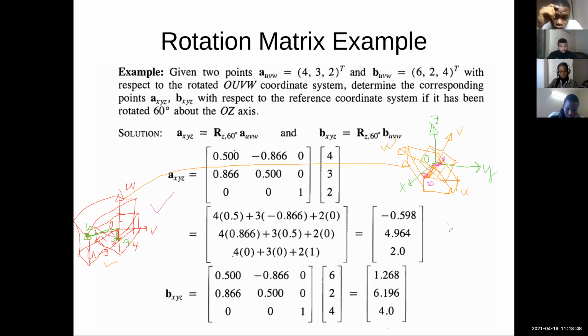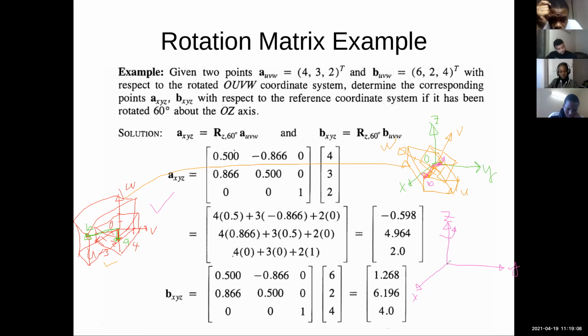So if we draw that, if this is your X, Y, and Z, you rotate around the Z axis, right? So around the Z axis by 60 degrees.